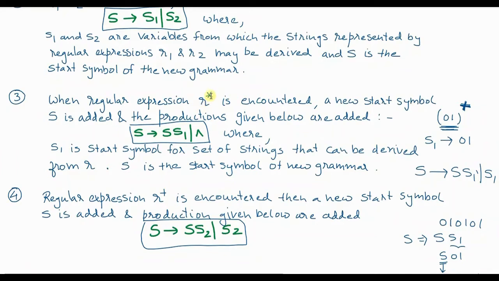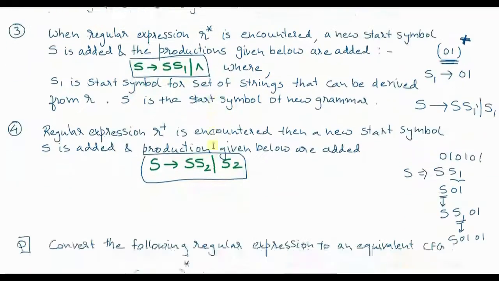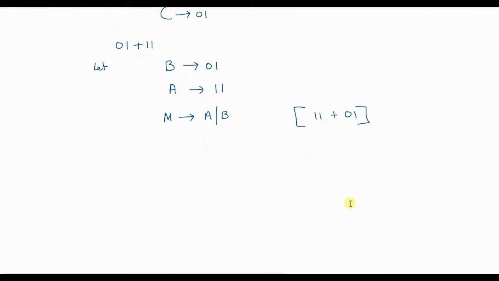So how do we achieve star? We have to introduce another production, something like a star production, and we will say S gives S S1 or null. So in my case, I can introduce another variable called capital K, and say K gives K M or null.